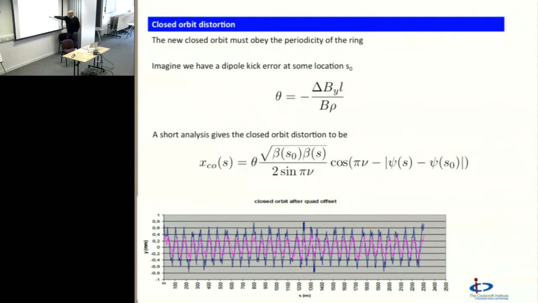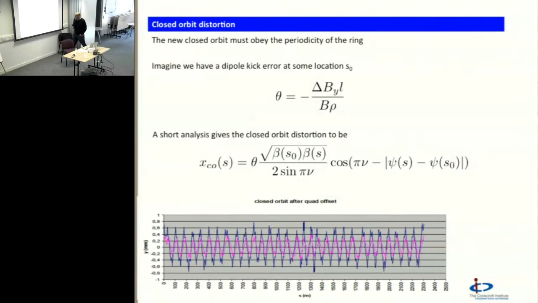Minus the phase difference between the phase at the kicking point and the observation point. Notice this is cosine of this. So this phase difference is how fast the function oscillates. This function oscillates at the same frequency as the Betatron function. That will always be the case, as we'll see very shortly.